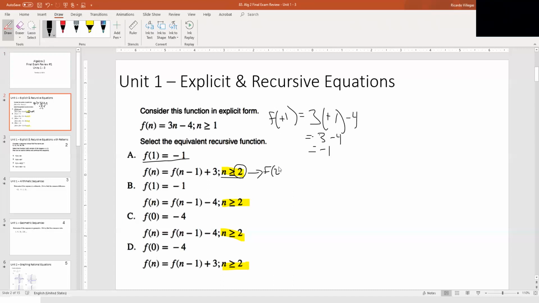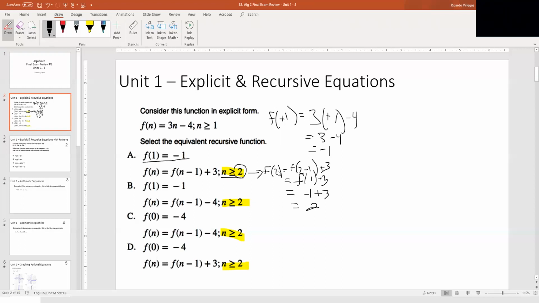So f of 2 is equal to f of 2 minus 1 plus 3. And f of 2 minus 1 is f of 1 plus 3. We already know that f of 1 is equal to -1, so I'm going to substitute that and get -1 plus 3, and we get our answer 2.